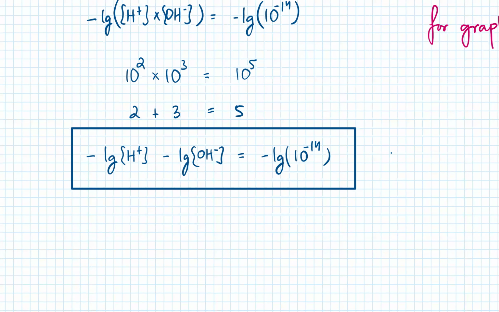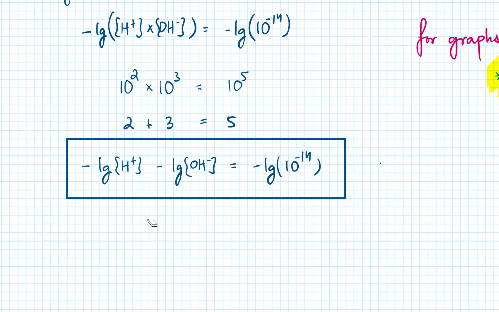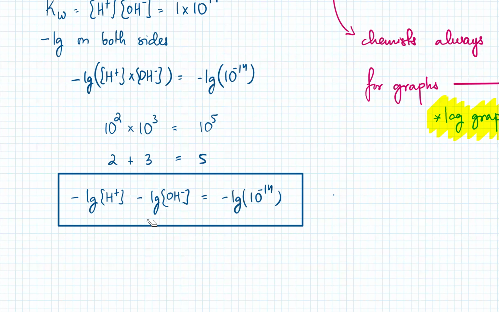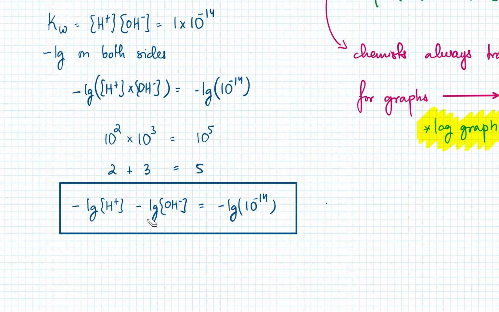If we have large values like 1,000 and 100,000, then instead of minus log, would we just take the log graph? No, but when you're tracking concentration, you're never going to have 100,000 mole per dm cube. Is that clear? If you're tracking concentration, you're never going to have 100,000 mole per dm cube.